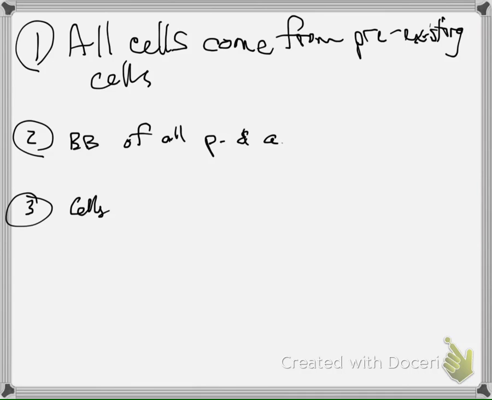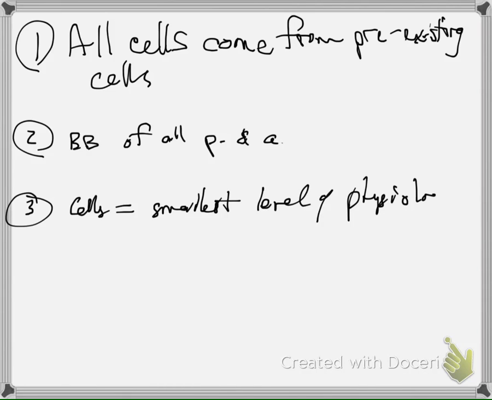So, cells, smallest level of physiology, kind of a shorthand there. Because cells are able to physiologically respond to their environment and change and all that stuff, that's what that means. And that also relates to why cells are the smallest living thing. Okay?